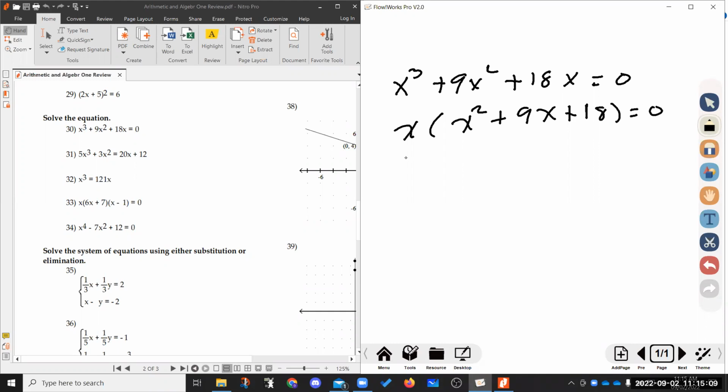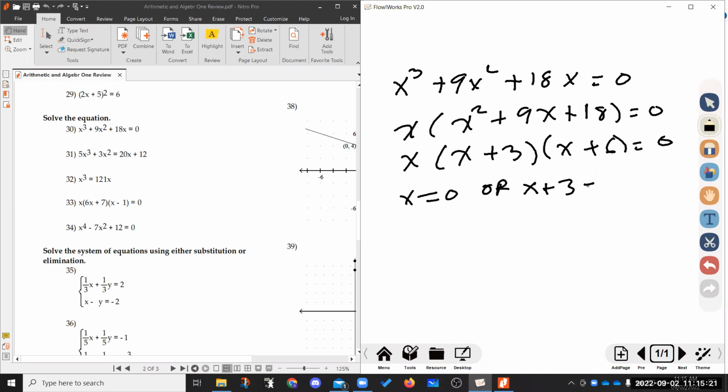Factors of 18 that add up to be 9 are 3 and 6. x = 0, or x + 3 = 0, or x + 6 = 0. So x = 0, or x = -3, or x = -6.